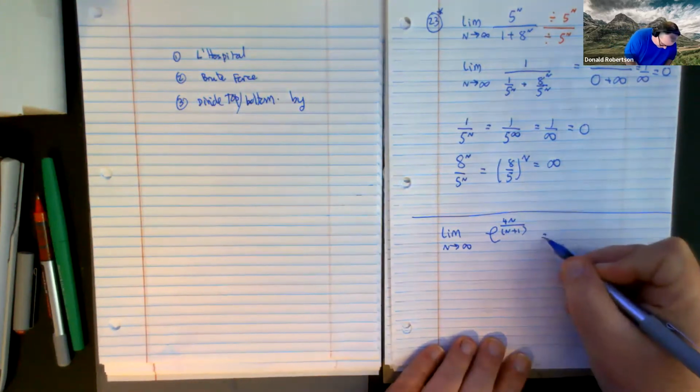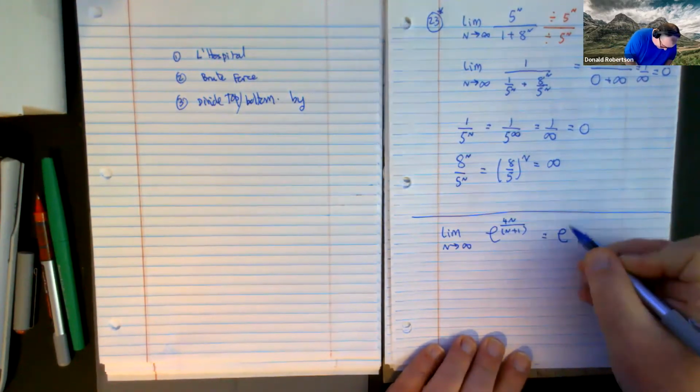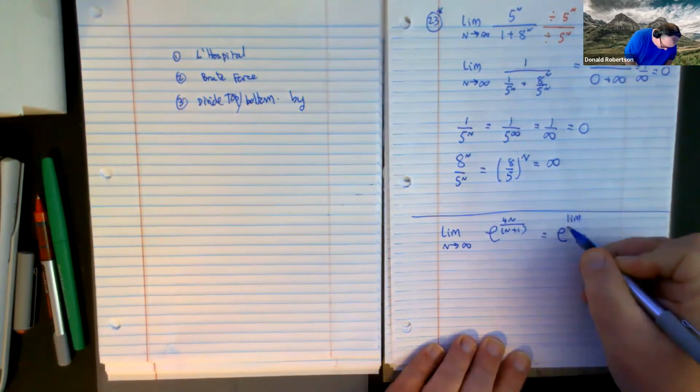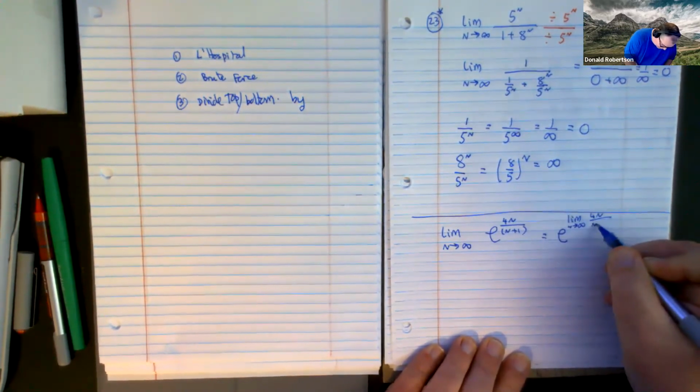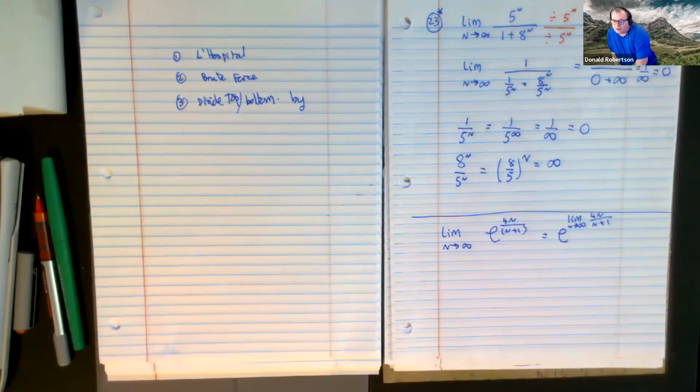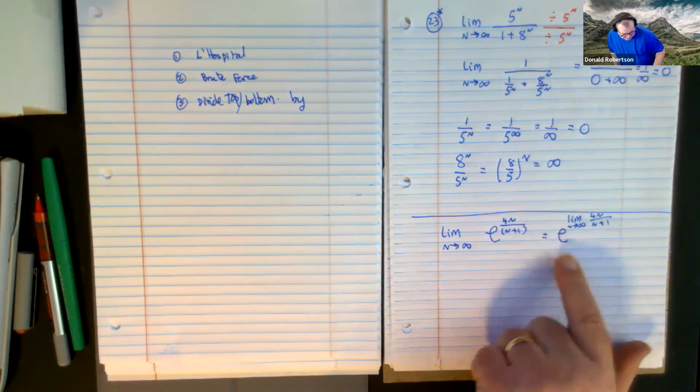I'm going to find e to the power of the limit as n tends to infinity of 4n over n plus 1. And you are allowed to do that, right? So if somebody has the sine of an ugly thing, e to the power of an ugly thing, the square root of an ugly thing, you can do it. You can move the limit around.